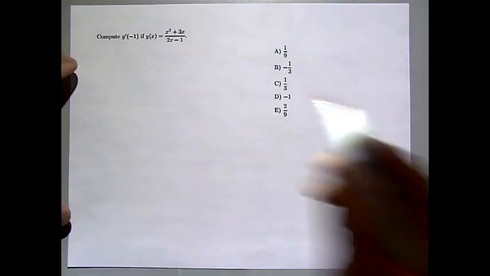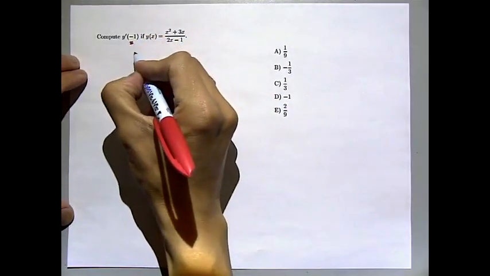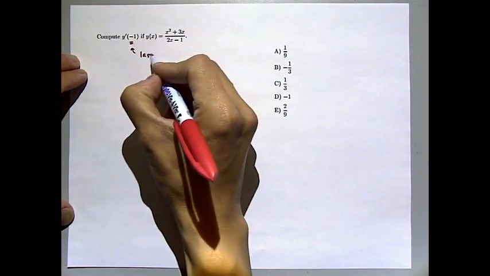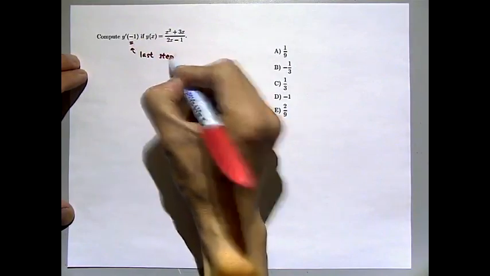Remember, whenever you're asked to plug in any number, don't plug in anything until you've taken a derivative. So the first thing you have to do here is find y prime of that function. Then you deal with the minus 1. Do not put the minus 1 in right now.